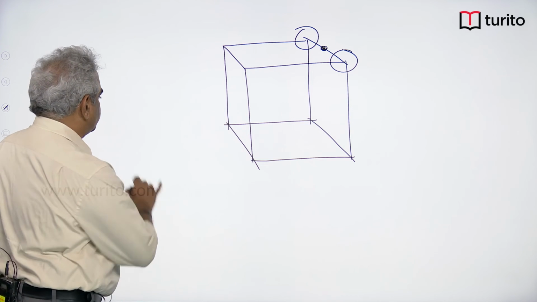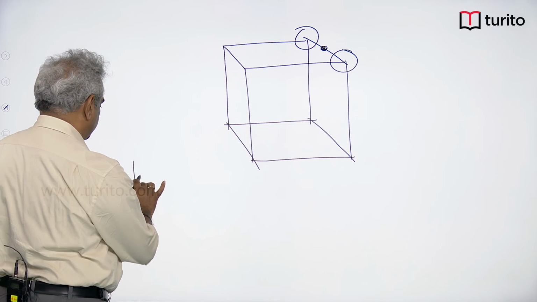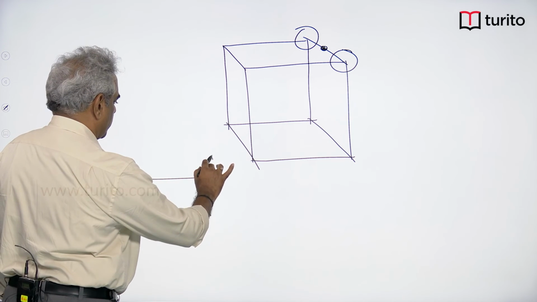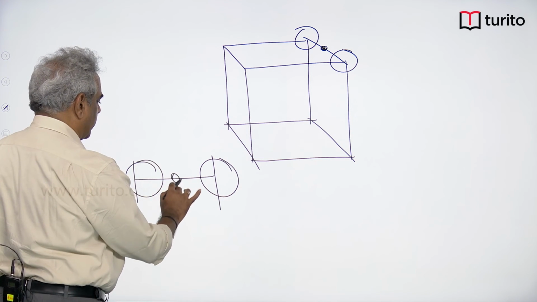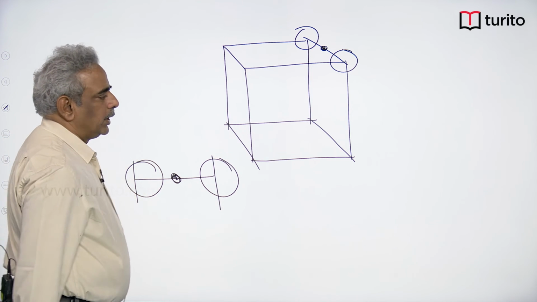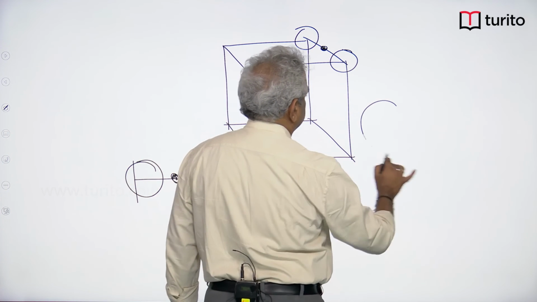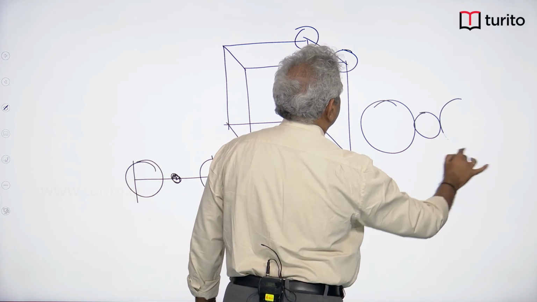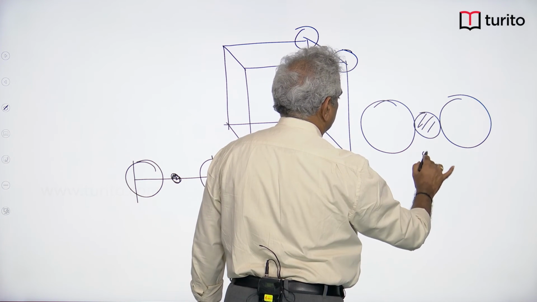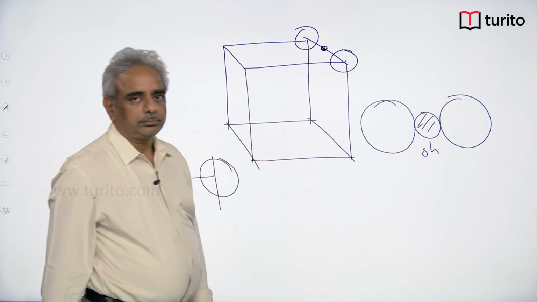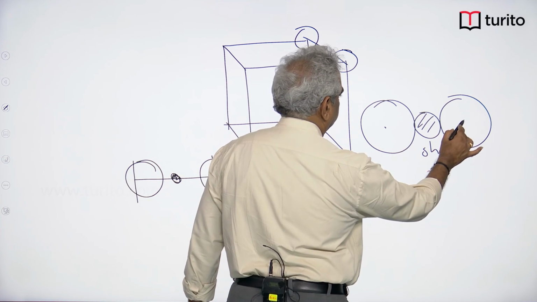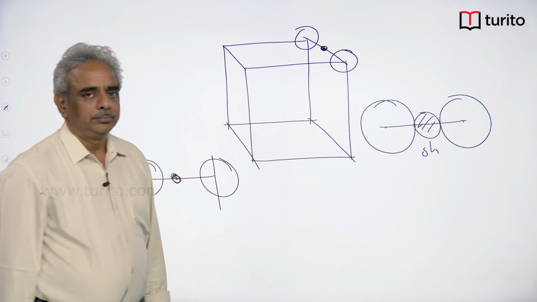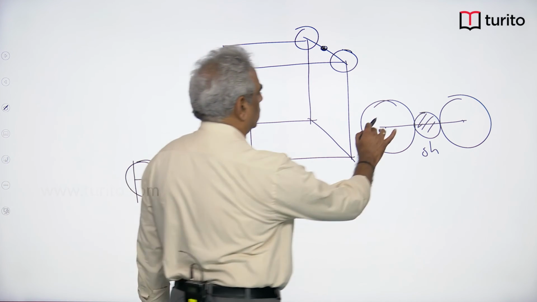See, if you take an edge in an FCC, there will be a sphere here, there will be a sphere here, there will be an octahedral void here. Rather, you can write like this: exactly fit void. This is the OH void, and these two are making the edge length. Total edge length is what?